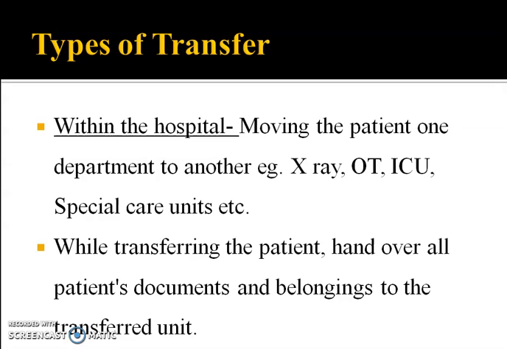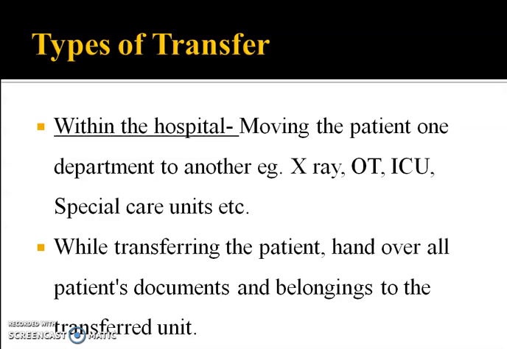While transferring the patient from one unit to another unit, we need to hand over all the patient's documents and belongings to the transferred unit. The caretaker nurse from the unit the patient is transferred from should carry all the patient documents and belongings and shift the patient to the unit where the patient is going to stay.